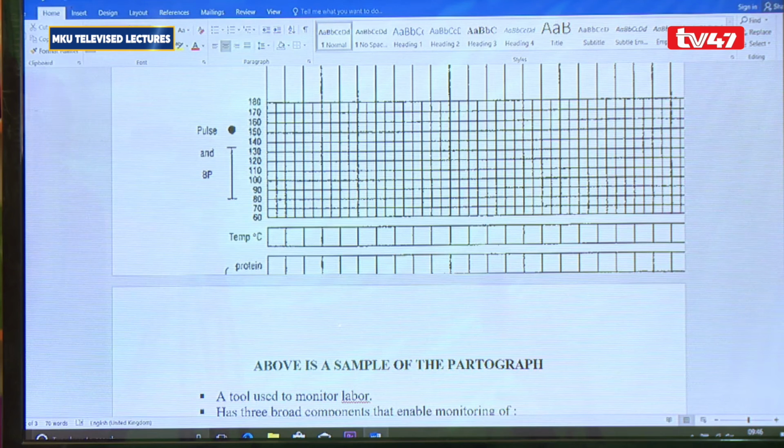So it is a very important document for us as midwives, and we are expected to use it. It is also a mode of documentation for us as midwives, and it helps us to pass information from one midwife to another.